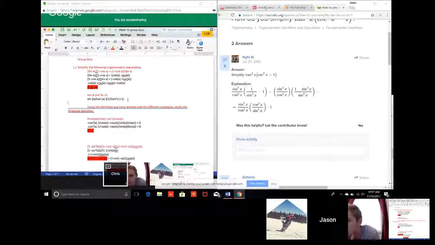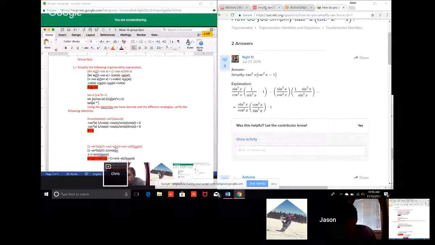So it'd be cotangent of x. I mean tangent. Sine over cosine is tangent. You don't want to revert it back to tangent. No, I'm thinking for the calculator though. And times this nonsense.